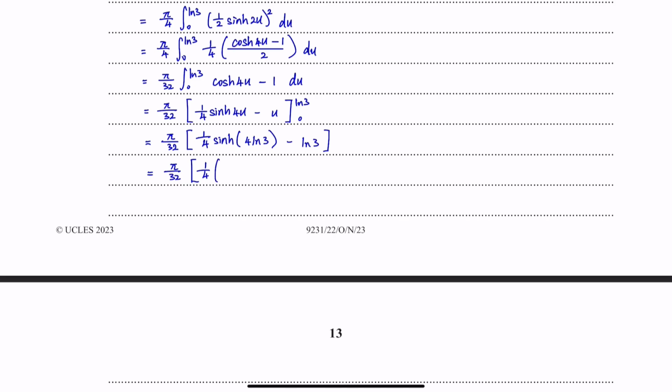So this is (e to the 4 ln 3 minus e to the negative 4 ln 3) over 2.